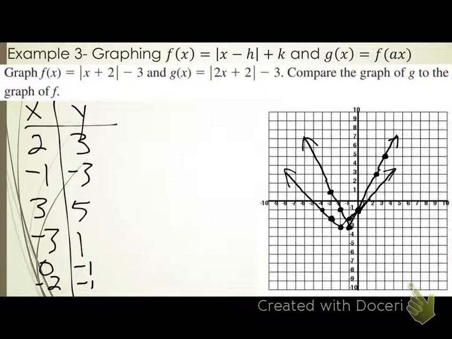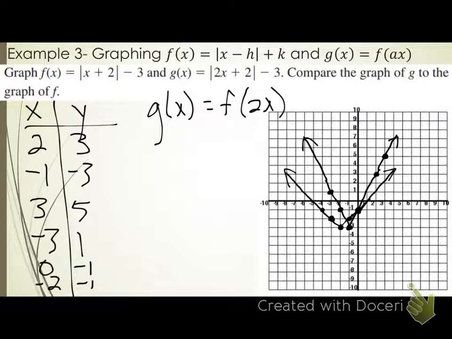It's not a vertical stretch. What happened when we multiplied by something inside grouping symbols? It's a horizontal shrink. If you notice, g of x can be written as f of 2x.